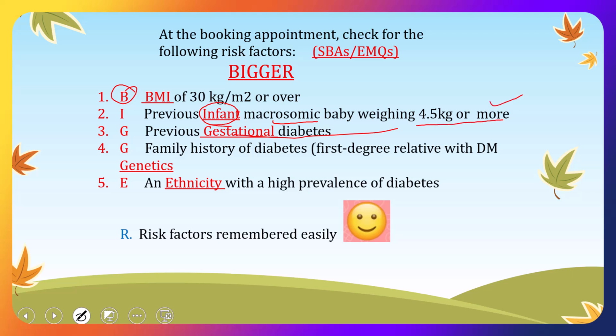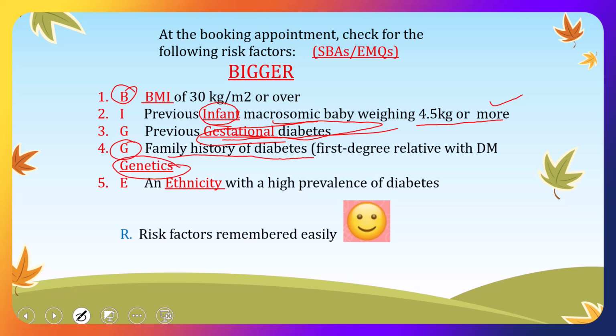G stands for previous gestational diabetes mellitus, if the patient is giving a history of gestational diabetes mellitus in her previous pregnancy. Now another G stands for family history of diabetes, that is, a first degree relative of the patient has diabetes mellitus, which means that it is present in their genetics.